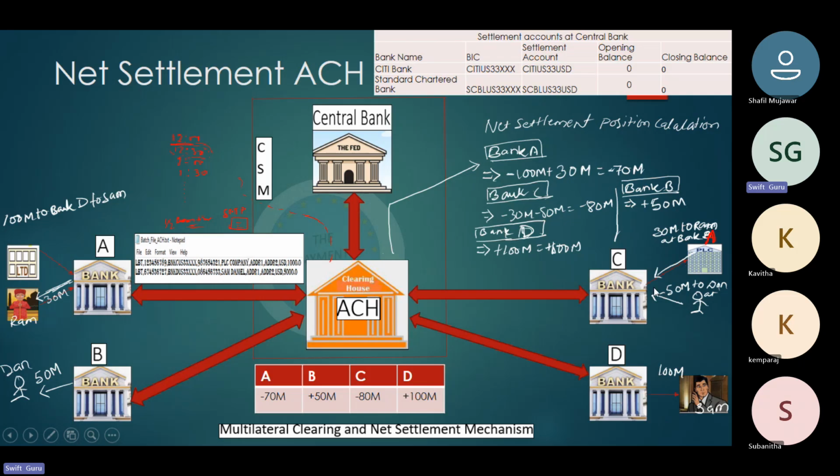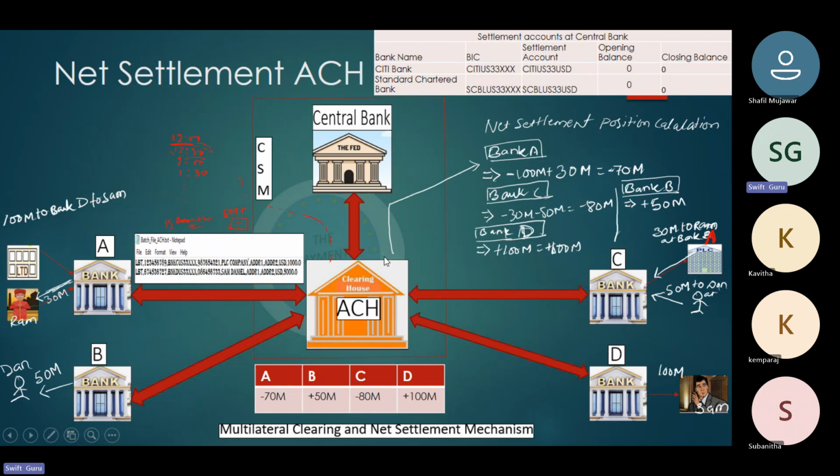There was only outward transaction, 50 and 30. So it is minus 80 million in this case. Bank D, there was no outward request, but indeed it has inward requests, inward settlement. So 100 million, then they are in a positive 100 million. Meaning bank D needs 100 million now because they settled down the beneficiary customer.